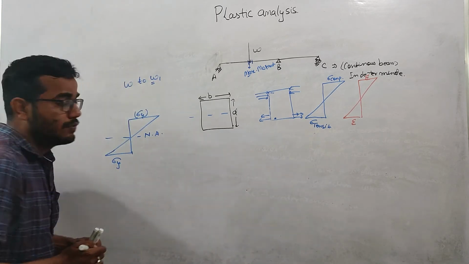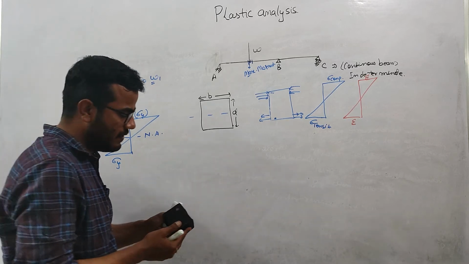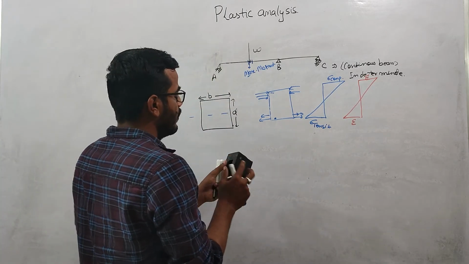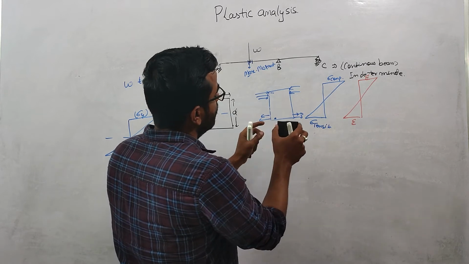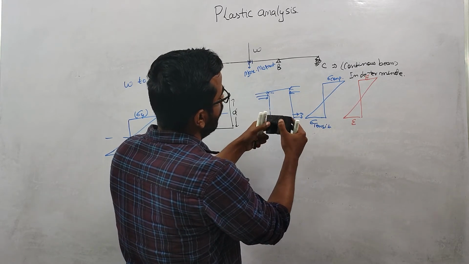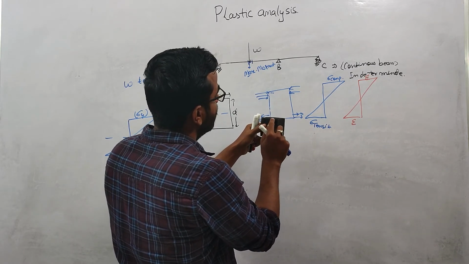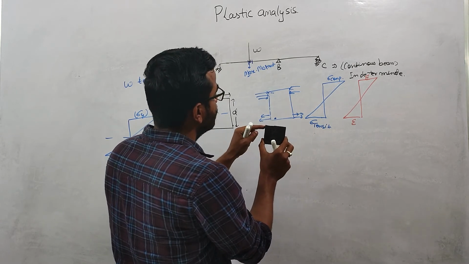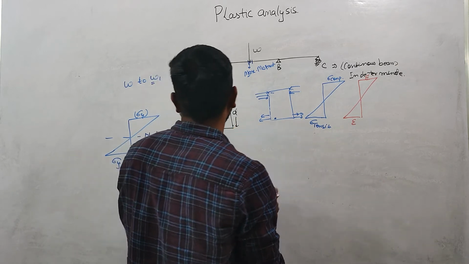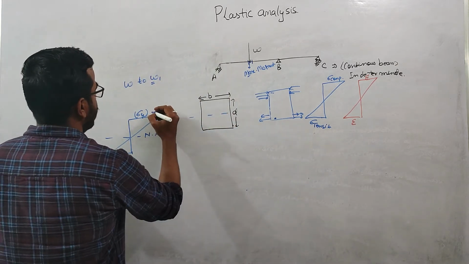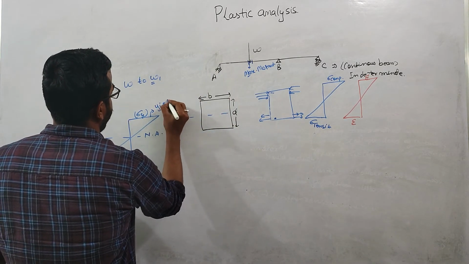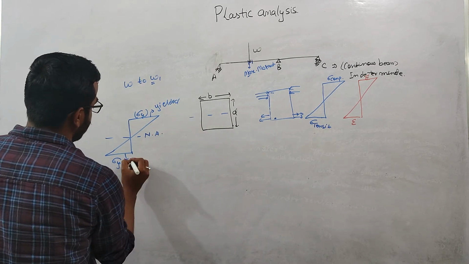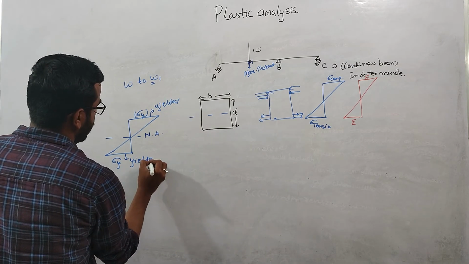So now, this is our cross section. This top fiber has yielded, and the stress at this point is basically sigma y. Similarly, this also yielded.